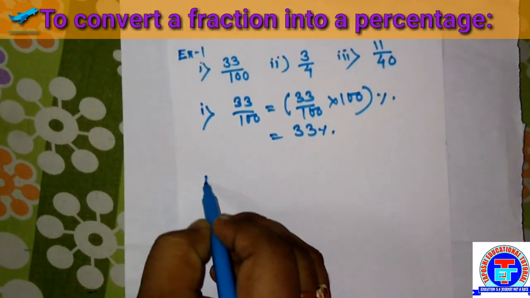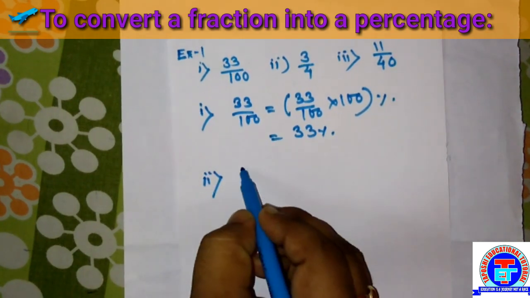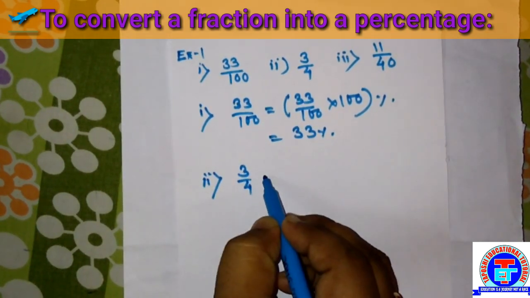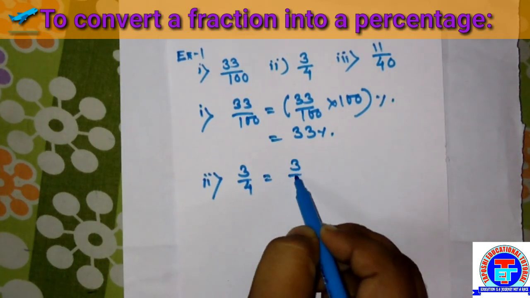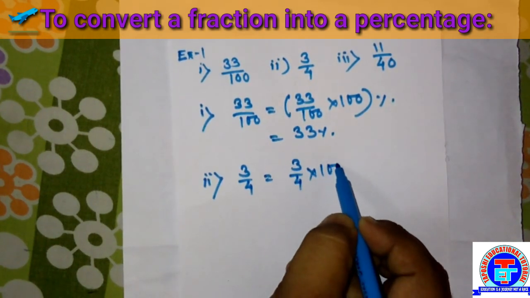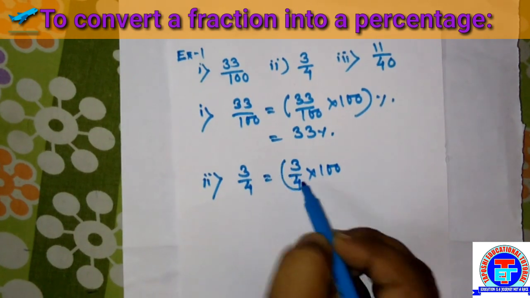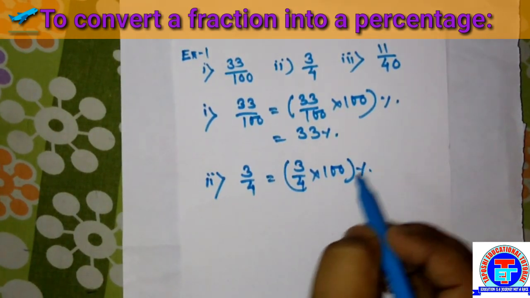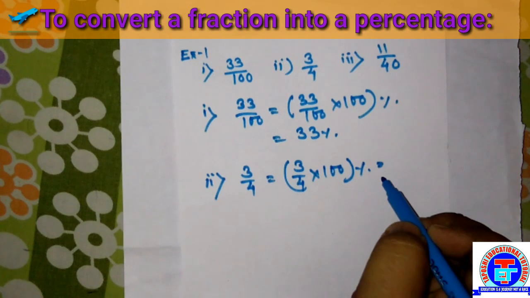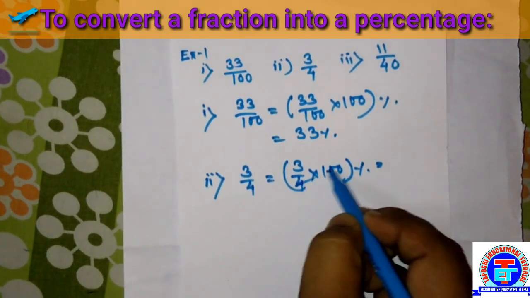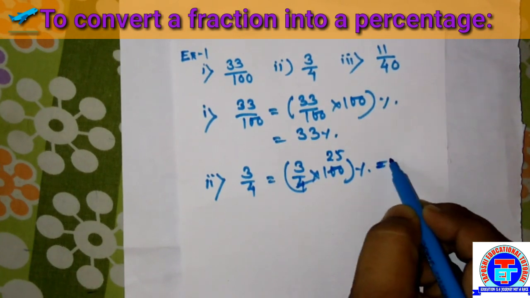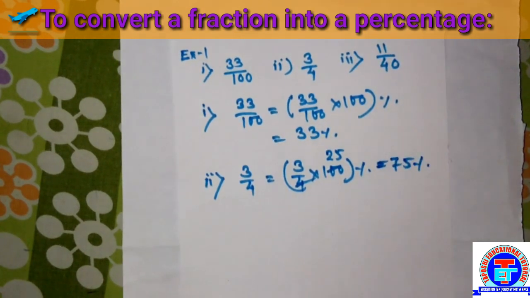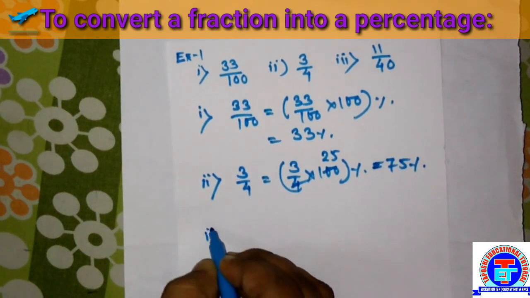Number 2 here, 3 by 4. Same way that we solve this problem: 3 by 4 into 100 percent. So it becomes 25 times 3, so we write here 75 percent.